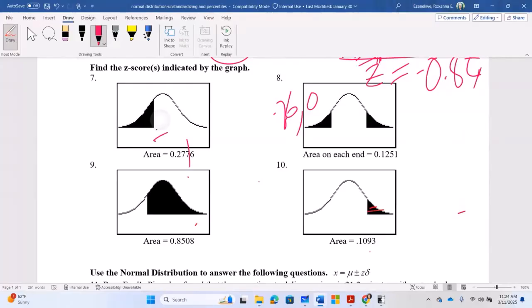So they're asking me to find the Z value corresponding to that area. Find the Z score indicated by the graph. So they gave me the area, they drew the graph for me, they shaded the region.